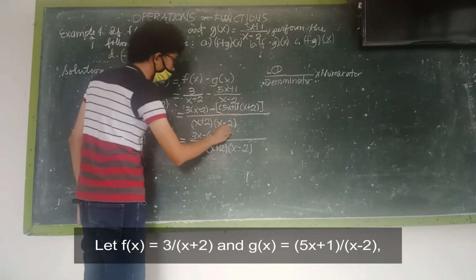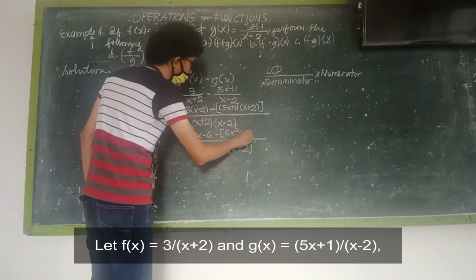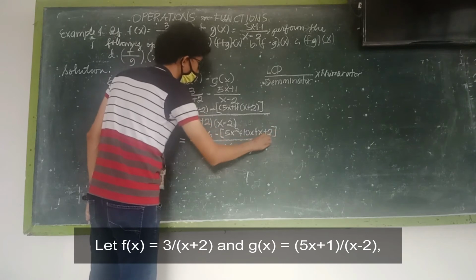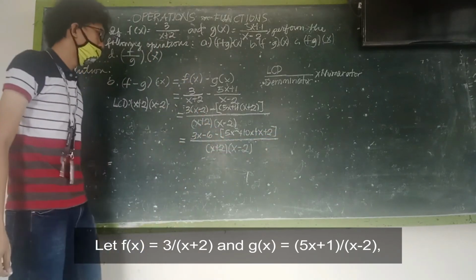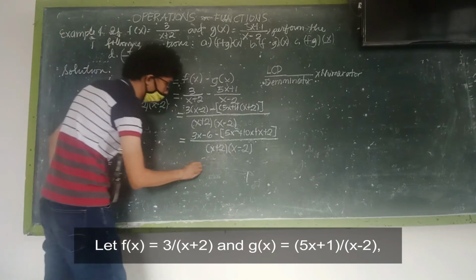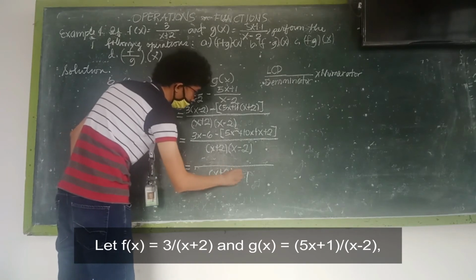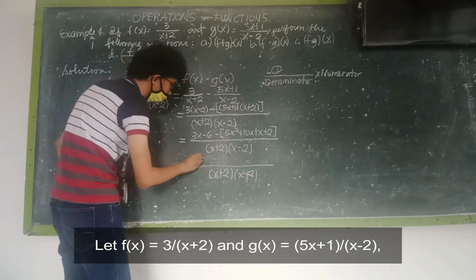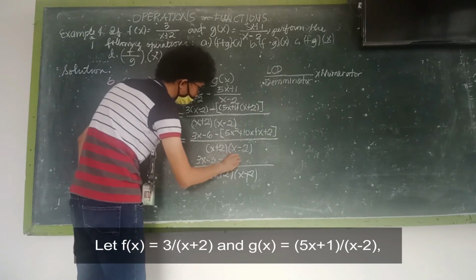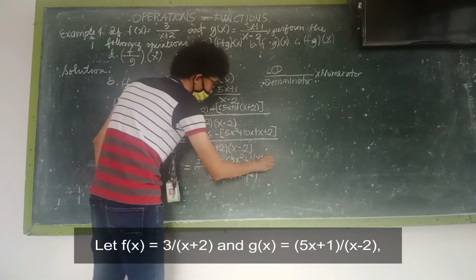Dito, FOIL method pa rin, 5x squared plus 10x plus x plus 2. Then after which, i-combine muna natin yung 10x at saka x sa loob ng bracket, so hindi tayo mahirapan. So, magiging 3x minus 6 minus 5x squared plus 11x plus 2.